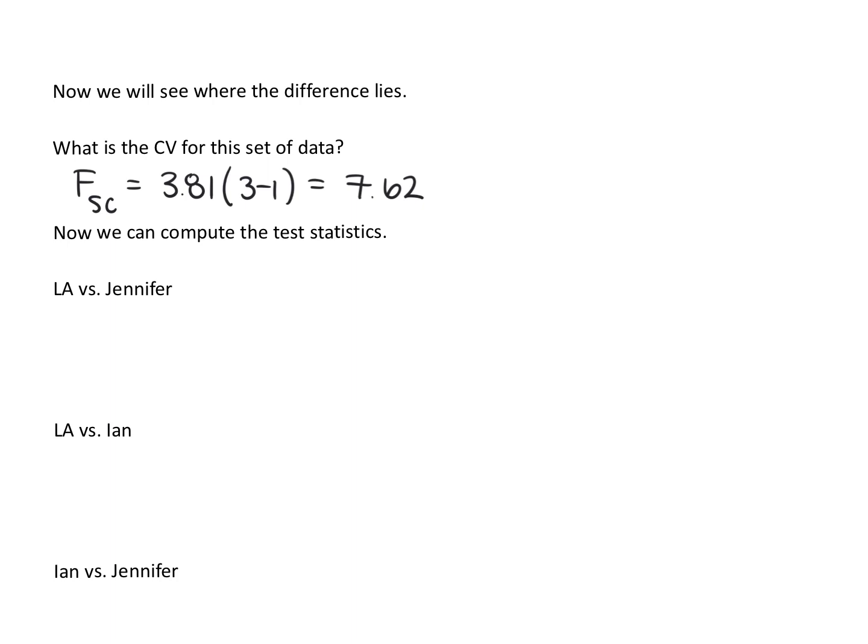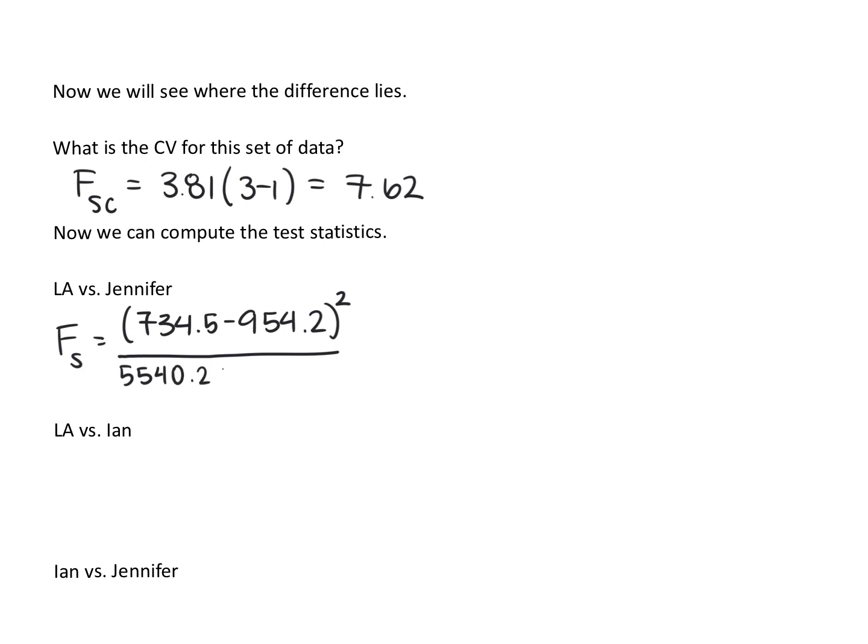We're going to start with LA versus Jennifer. For the statistic, we're going to subtract their means, which we can get from the ANOVA test: 734.5 minus 954.2, and square it, over our within group variance, which is 55,040.29, times 1 over 4, the sample size for LA, plus 1 over 5 for Jennifer.